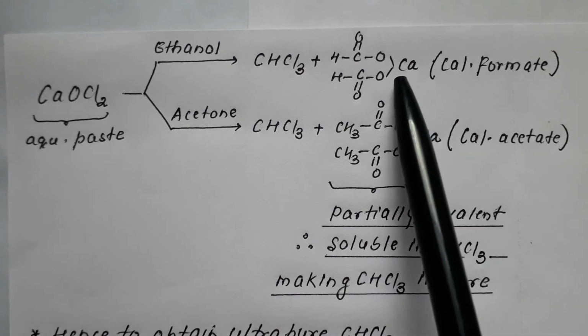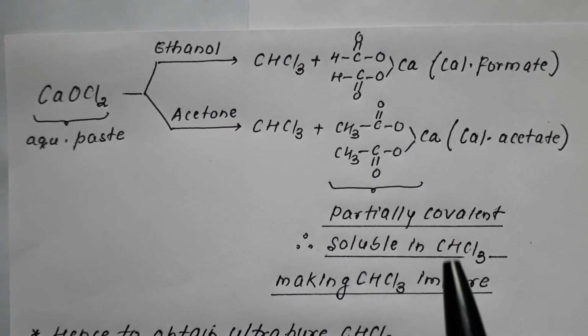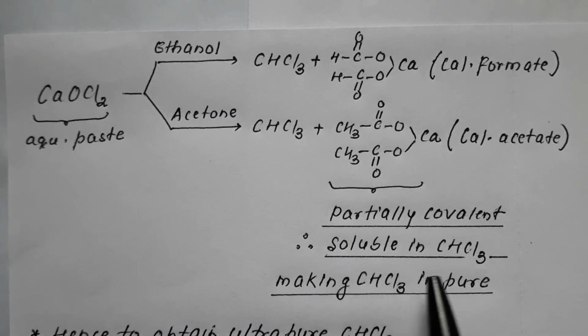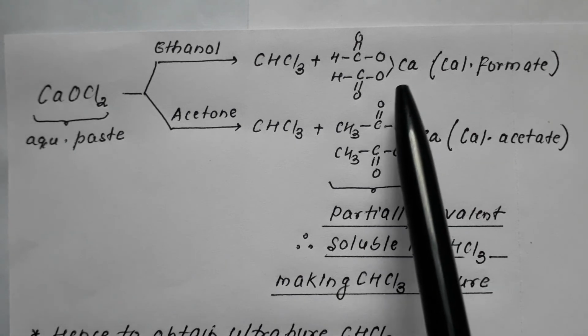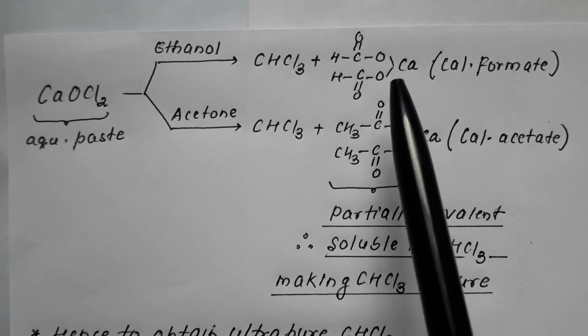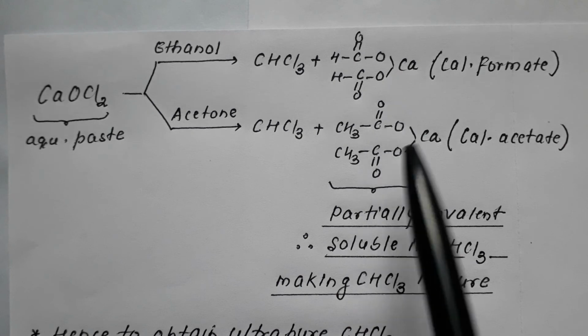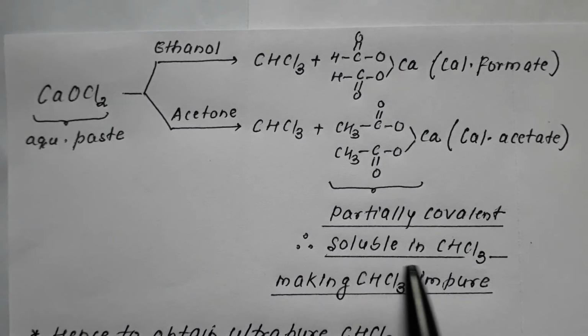These compounds, calcium formate and calcium acetate, being partially covalent, are soluble in chloroform and therefore make chloroform impure.